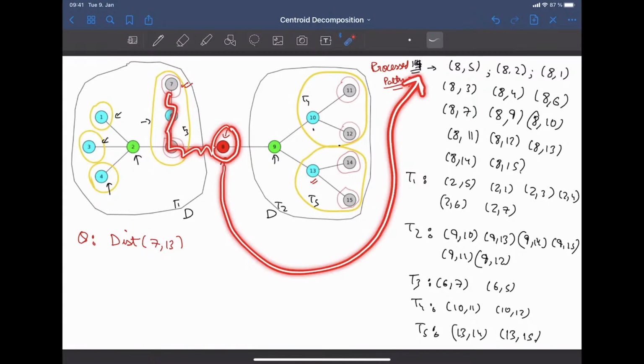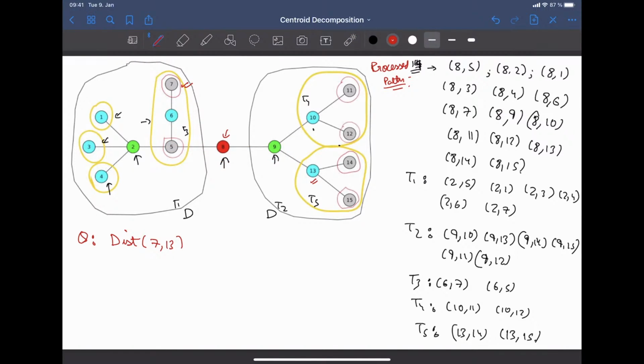We will definitely find it in this processed path set, and we can use it as it is. So we can just do distance of 8 comma 7 plus distance of 8 comma 13.